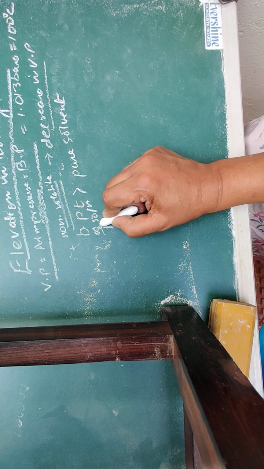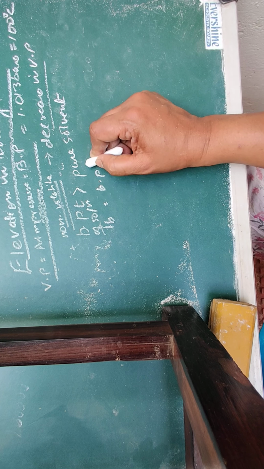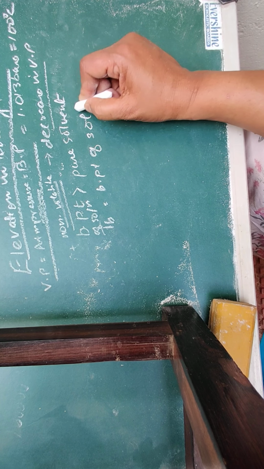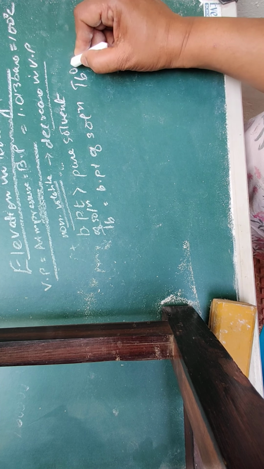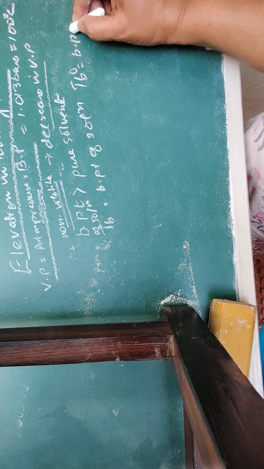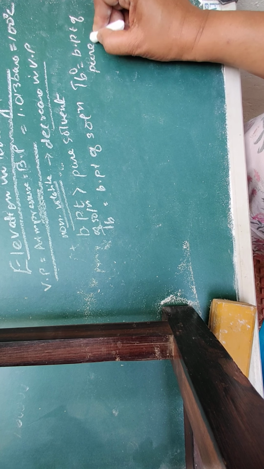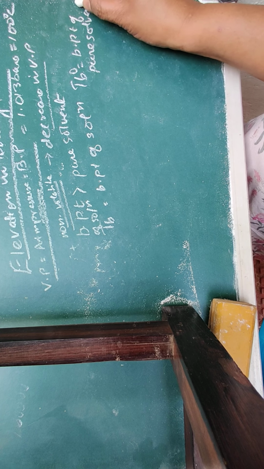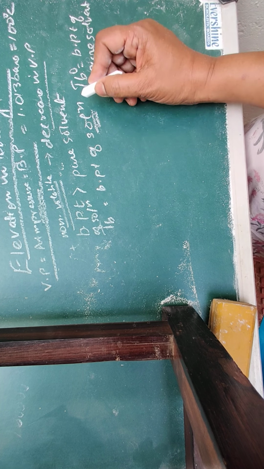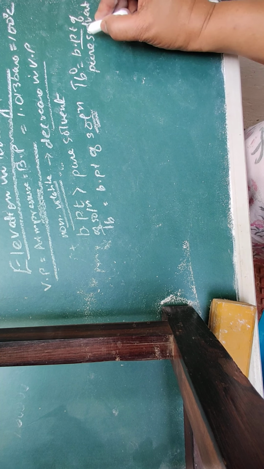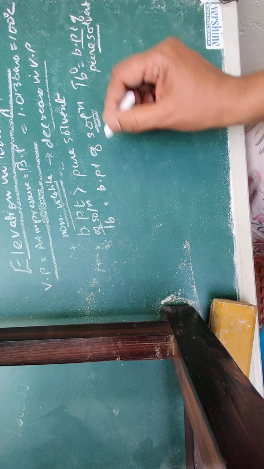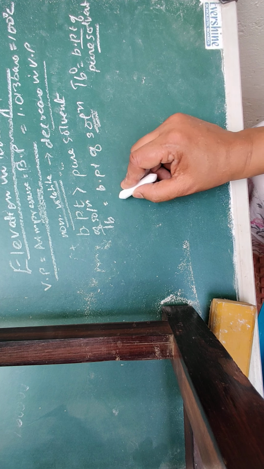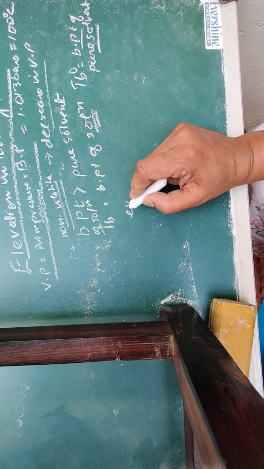If Tb is the boiling point of the solution, meaning after adding the non-volatile solute, and Tb naught is the boiling point of the pure solvent, then the boiling point increases.